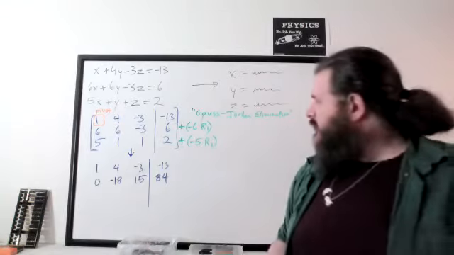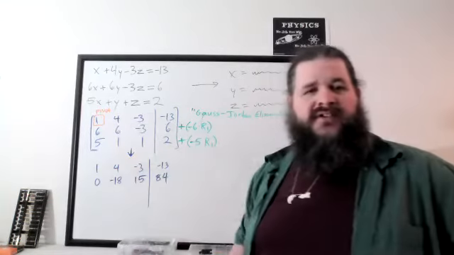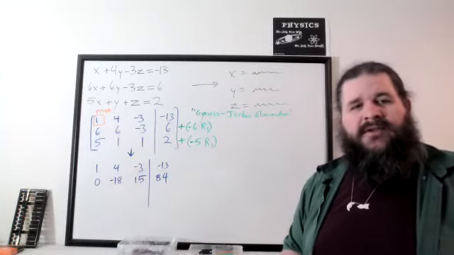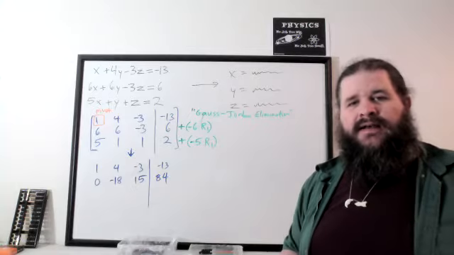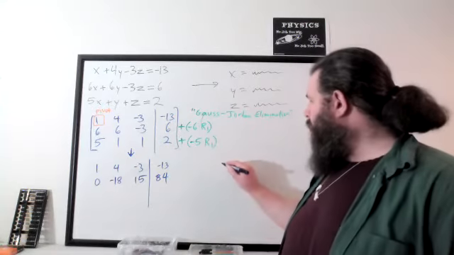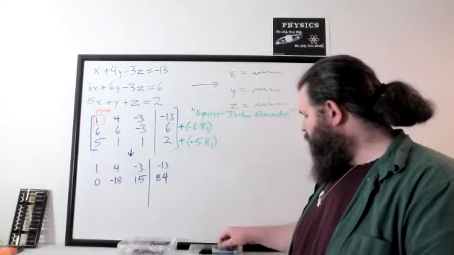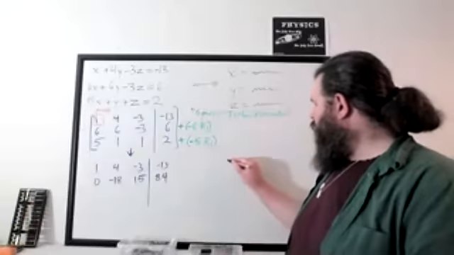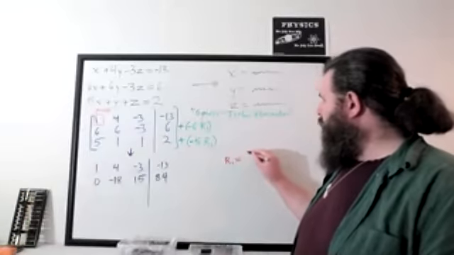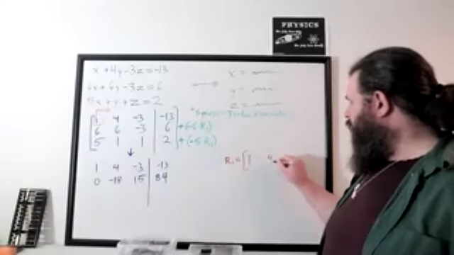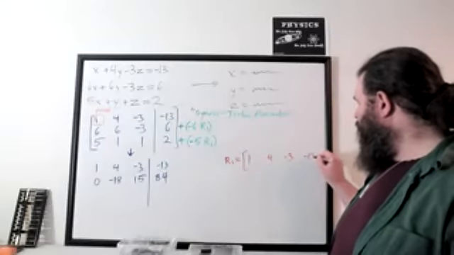And by the way, if you're having trouble keeping track of which numbers are added to which other numbers, I find it can often be useful to write out on the side an extra copy of just that row. If we just write out a copy of row 1, row 1 equals 1, 4, -3, -13.